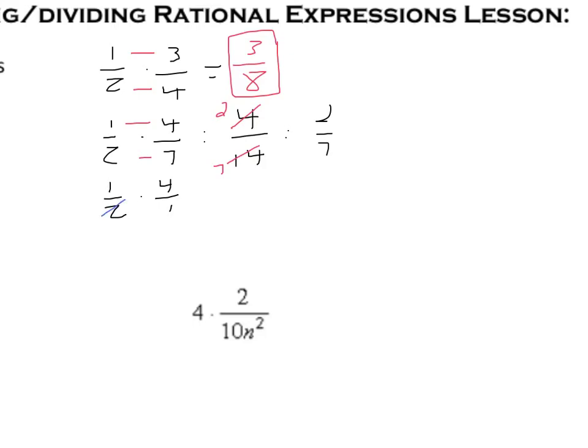So I can say 2 goes into 2 once, 2 goes into 4 twice, and then multiply, which would give us 1 times 2 is 2, 1 times 7 is 7. Same answer, just one has simplifying occurring first, and that is preference up to you.